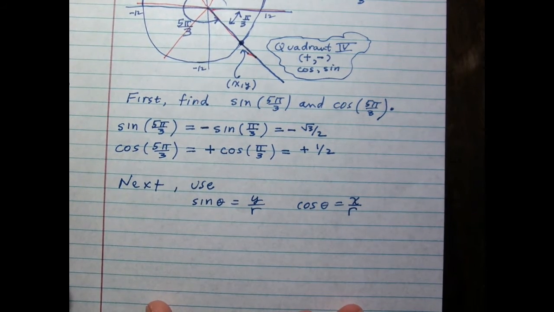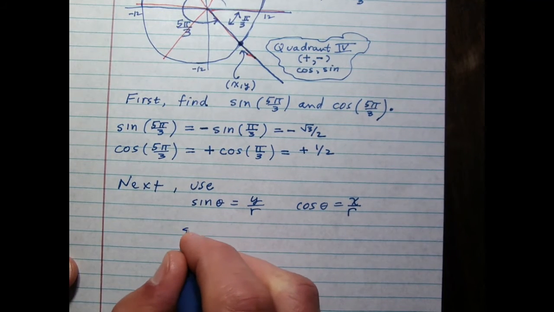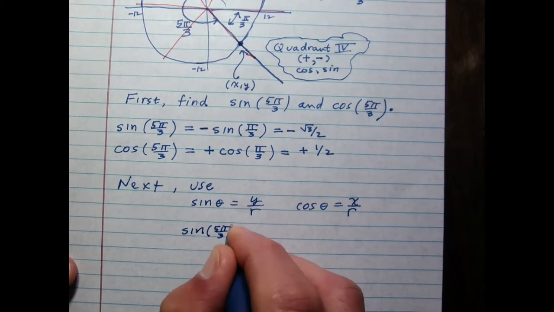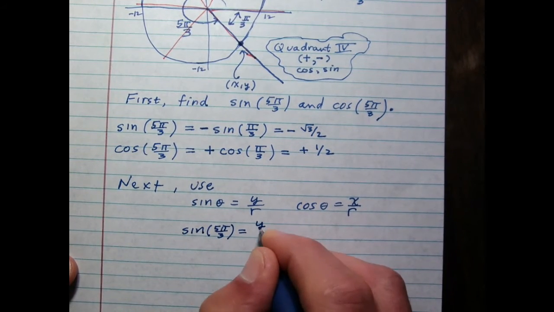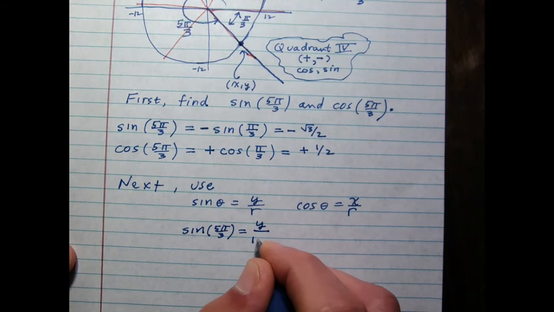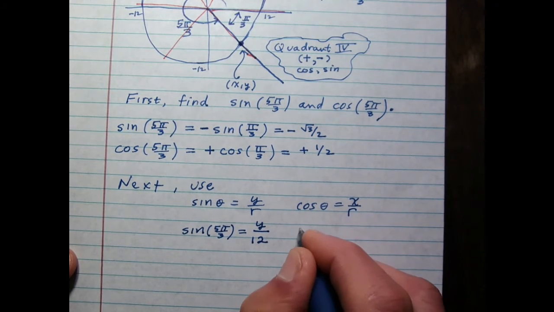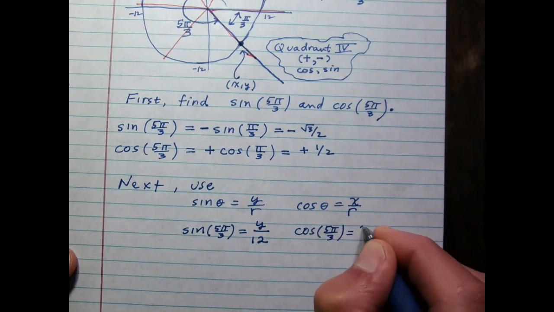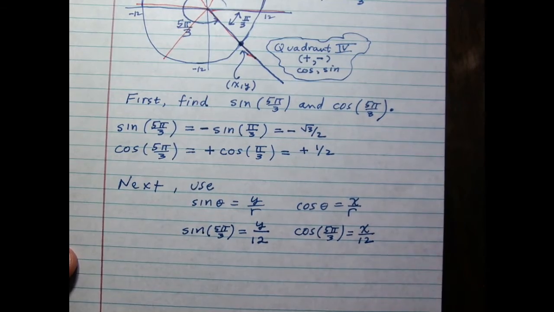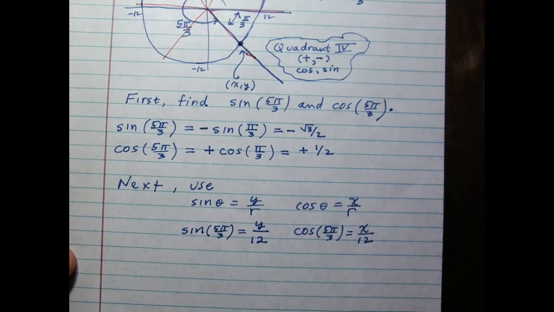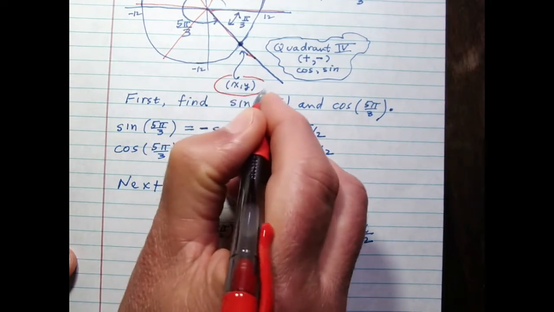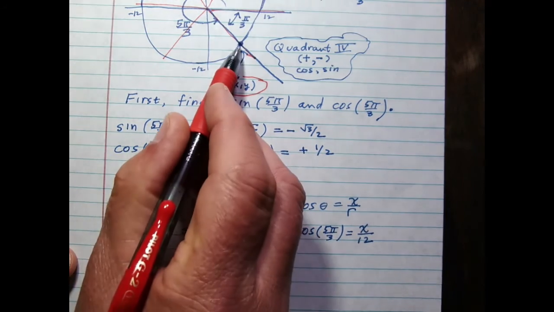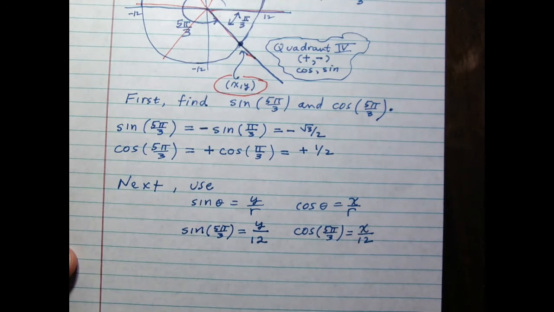And what we're going to do now is plug in: sine of 5 pi over 3 is y over the radius value, 12. We have a value we can plug in. The cosine of 5 pi over 3 is the x coordinate over 12. So we're trying to come up now with the x and y coordinates of this point where the terminal side crosses that circle.